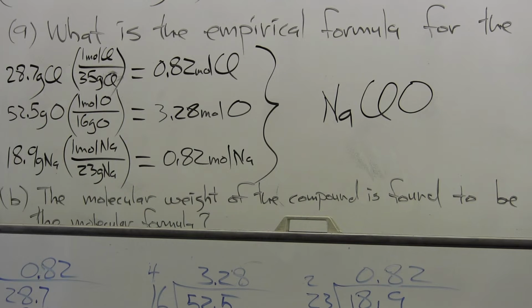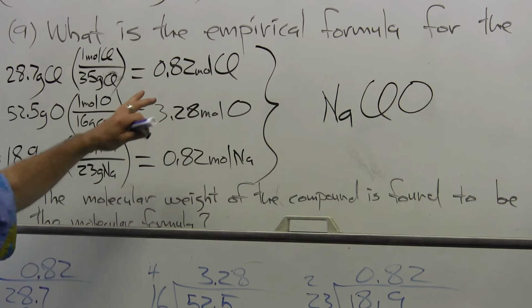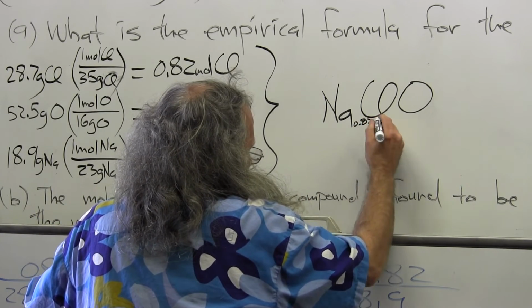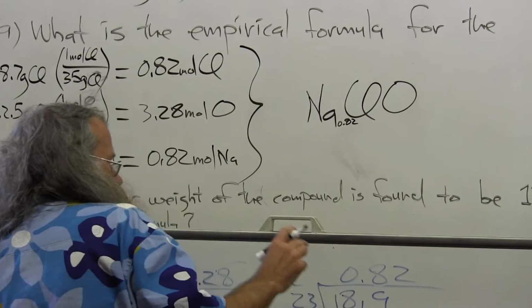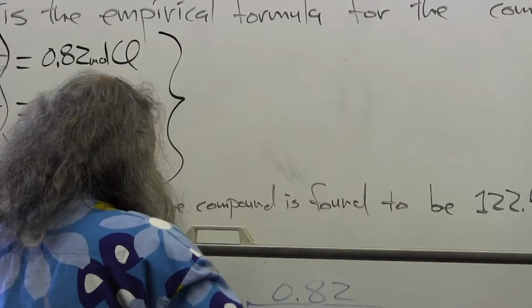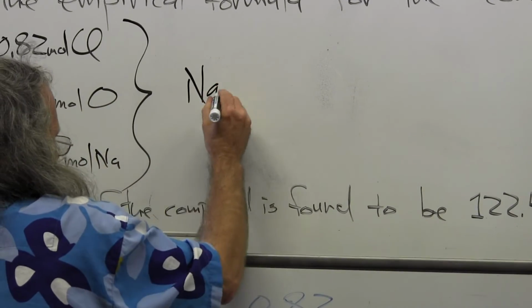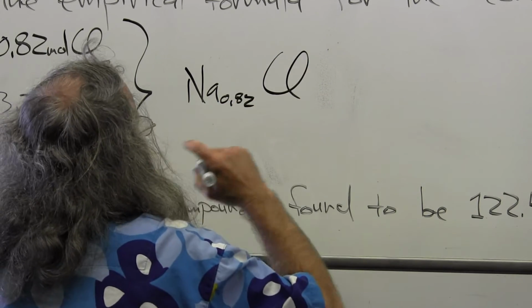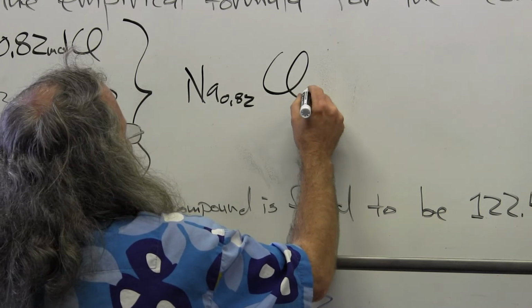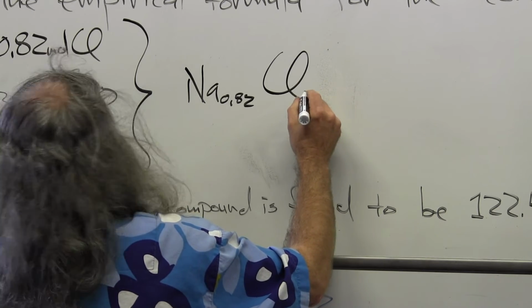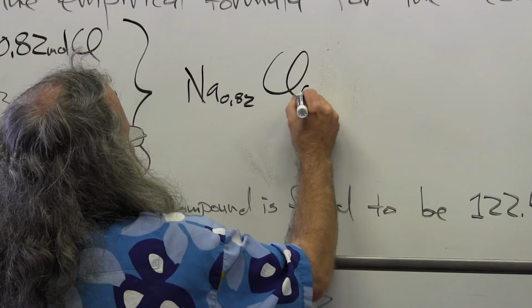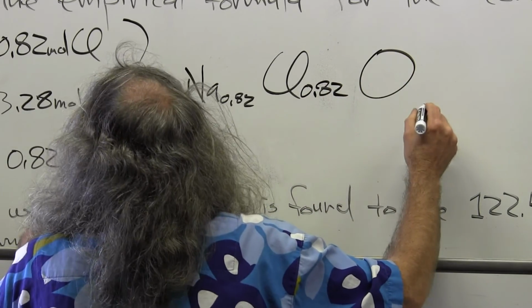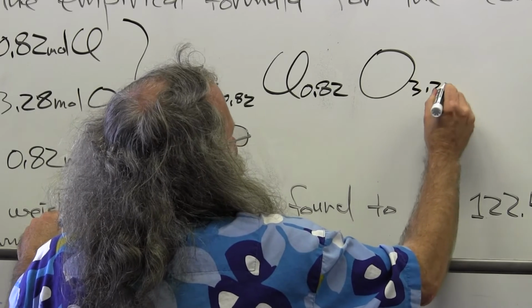And we have got these subscripts, 0.82. Cl is 0.82 and oxygen is 3.28.